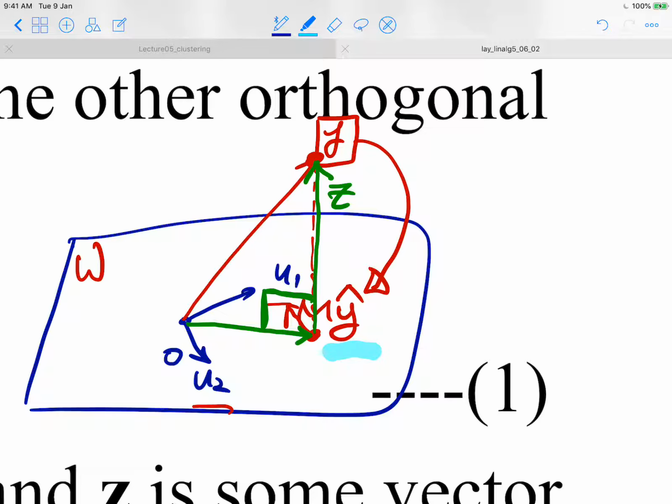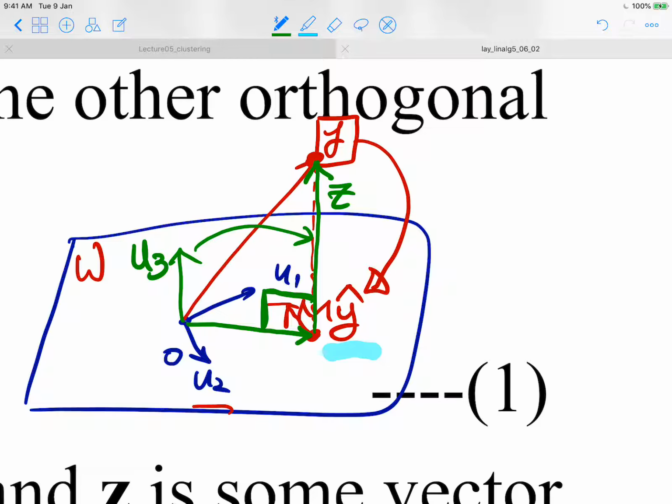And now we have another component, another basis vector, z. Suppose there is a vector that may not necessarily have the same length as this z, but we can call it u3, for example. Okay, so z is formed by y minus y hat.